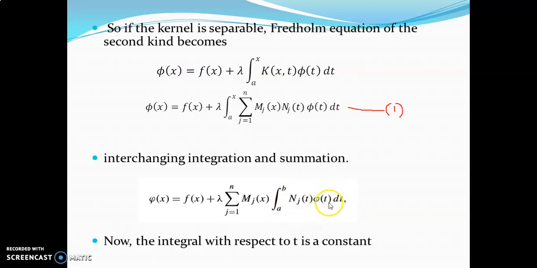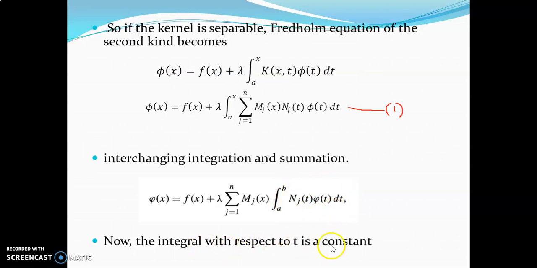Here we can see that this integral a to b nj of t phi of t dt will be independent of t after integration, since the integral consists of t variables only. We know that a definite integral is independent of the integrating variable, so we will get this as a function of b and a, a constant.